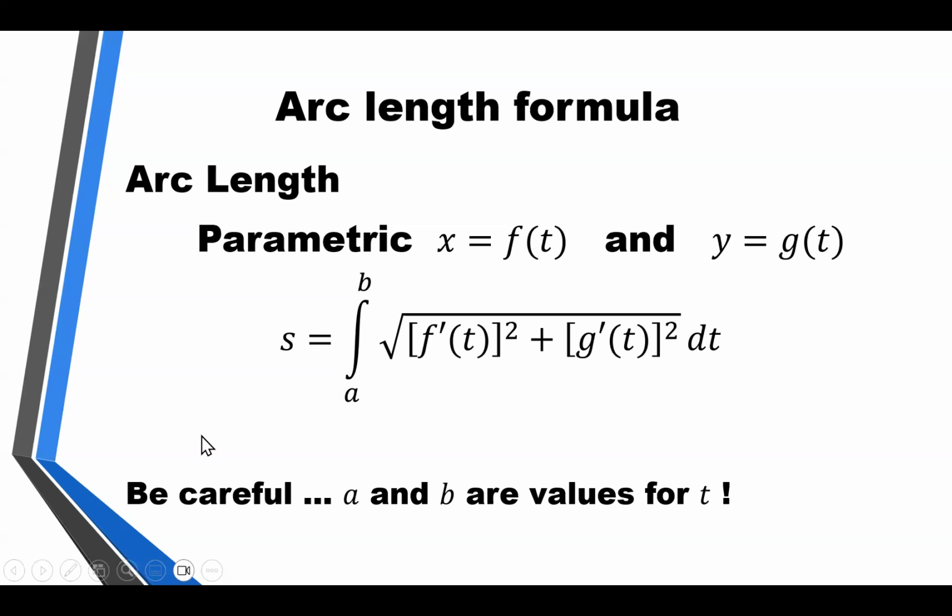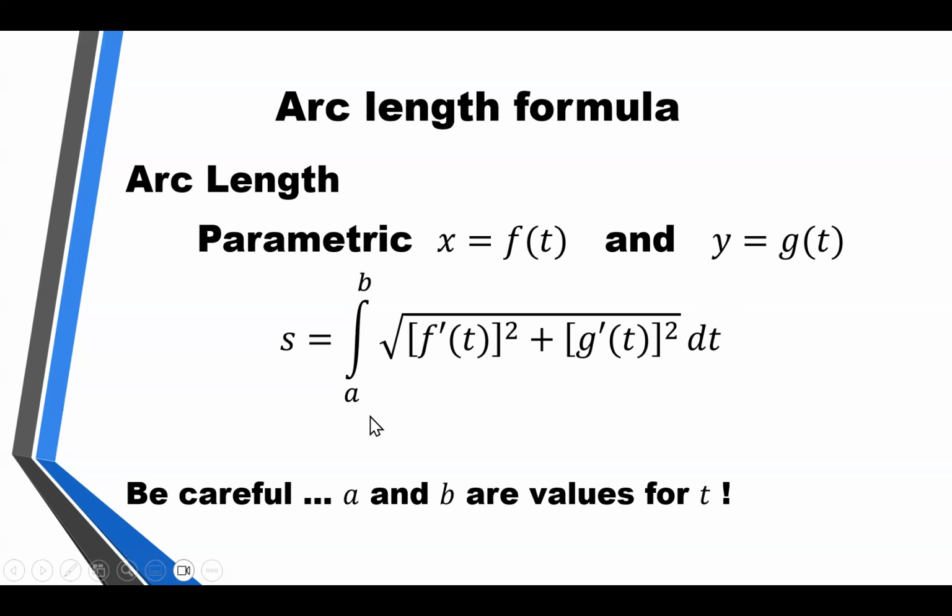And if you think about a right triangle, you can think about a as the x value. So the change in a is going to be the derivative of the x value, which in this case, since we're dealing with parametrics, is the derivative of f of t. So that's like a squared plus b is going to be the change in y. So that's going to be a derivative of the y function. In this case, we're calling that g of t. And we take smaller and smaller chunks, add them up, and then integrate.